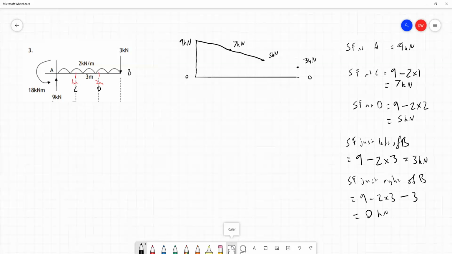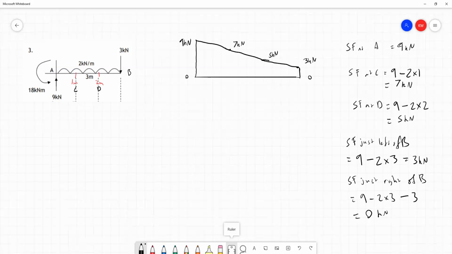So 0 kilonewtons there. So I'll join up the rest of our line. We've got a straight line continuing down 3 kilonewtons, and then we have that vertical drop, which occurs at any point we have a downward point force being added. So that's what our shear force diagram is going to look like for this cantilever beam with a UDL across it and a point load added at the right hand side of the beam.